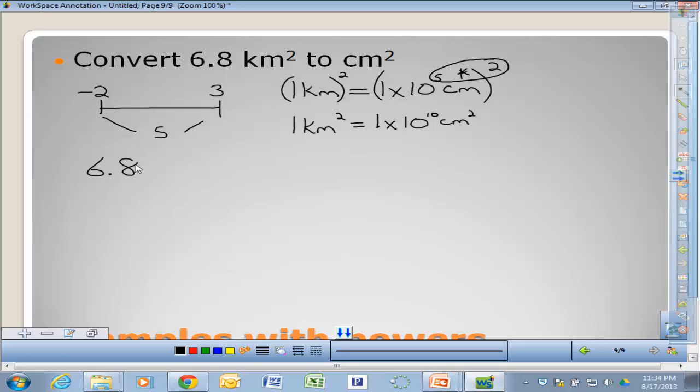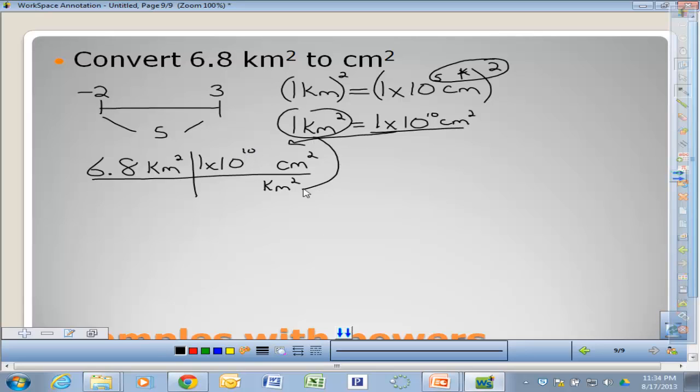So we're going to go ahead and take our given, 6.8 kilometers squared, setting it up. Okay, so we want the kilometers squared to cancel, so we're going to go ahead and put it on the bottom. We're going to put our centimeters squared on top, filling in. So 1 times 10 to the 10th centimeters squared.